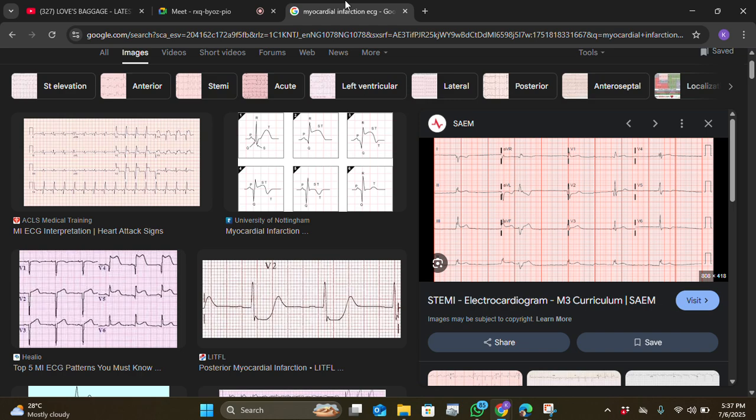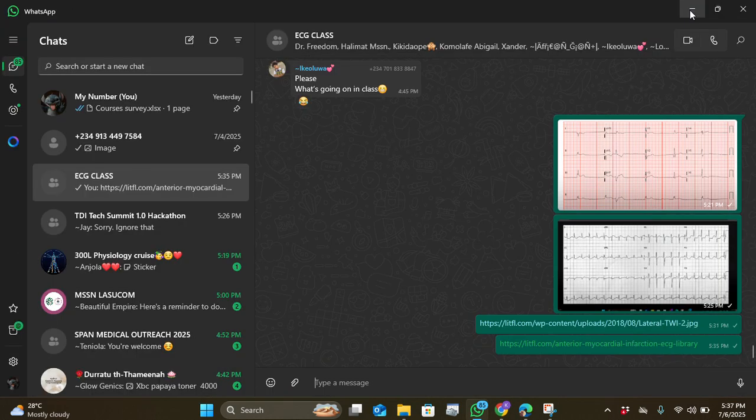If you're having up to six leads, that's anterolateral, no matter where you have the ST elevation. In my years of working, I've not seen ST elevation on all the leads.